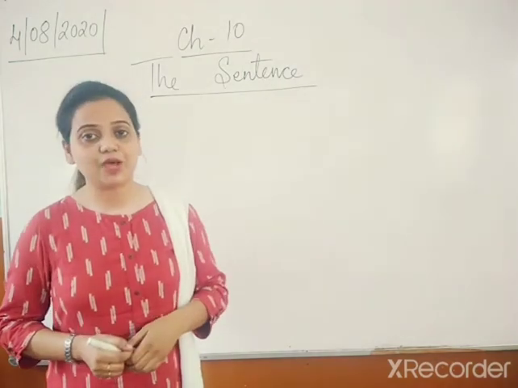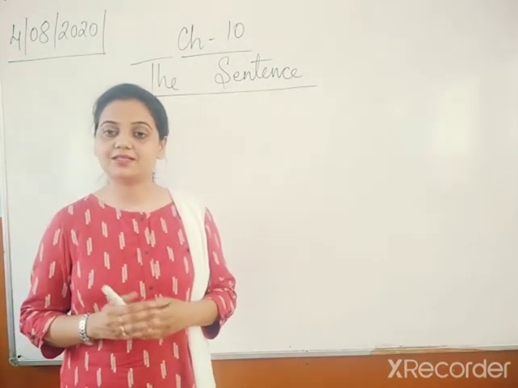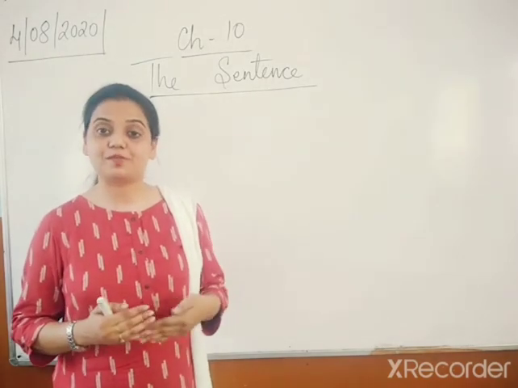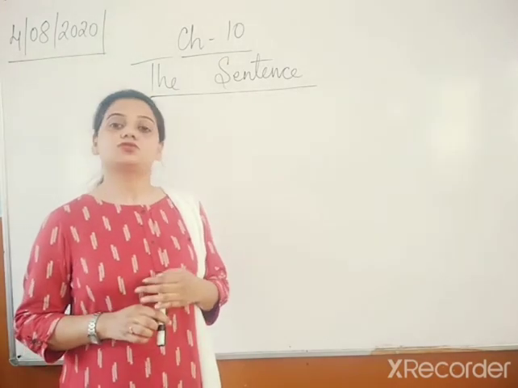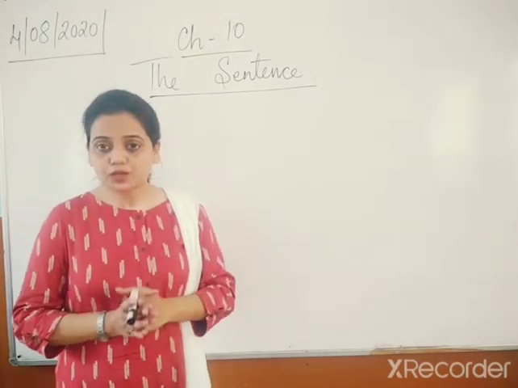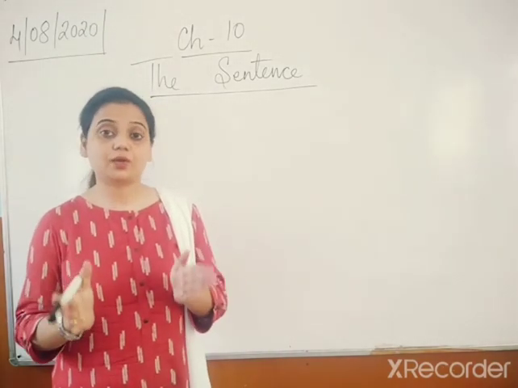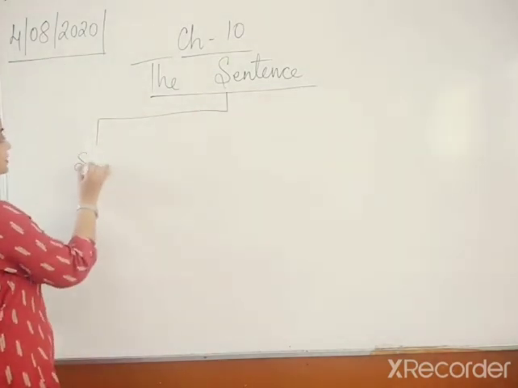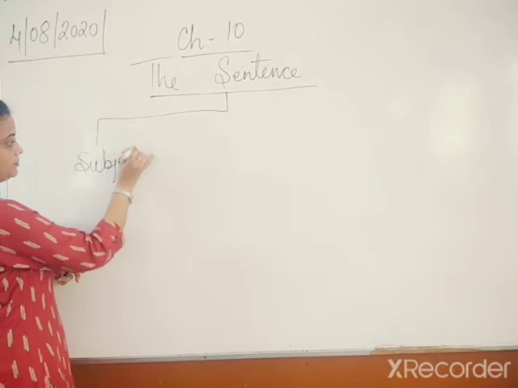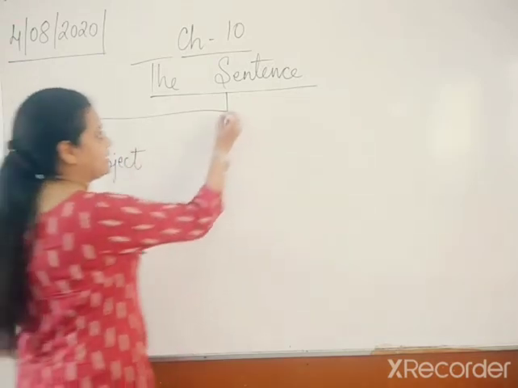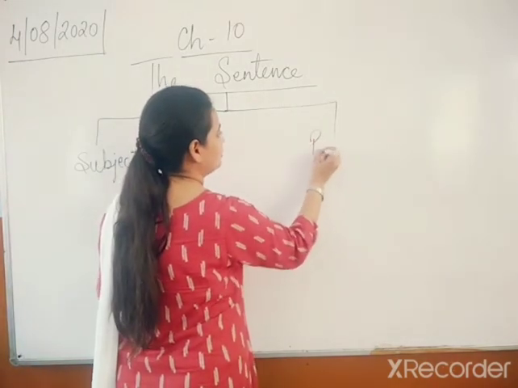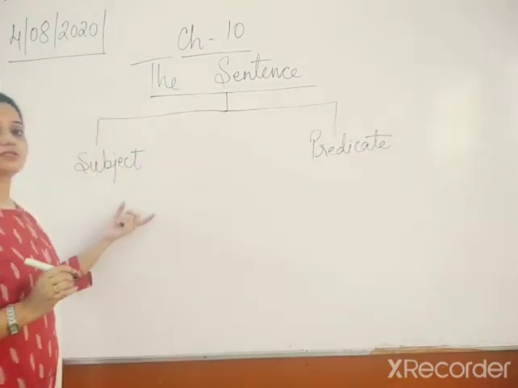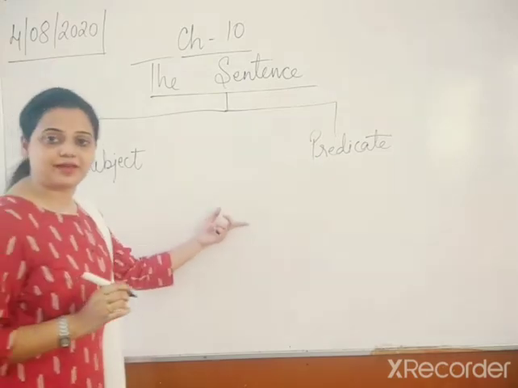Okay, so as you have understood, a sentence is a group of words which makes complete sense. Now a sentence is also divided into two parts or two categories, you can say. The first part is the subject, and the second part is called the predicate. Clear? Now you must know what is subject and what is predicate.